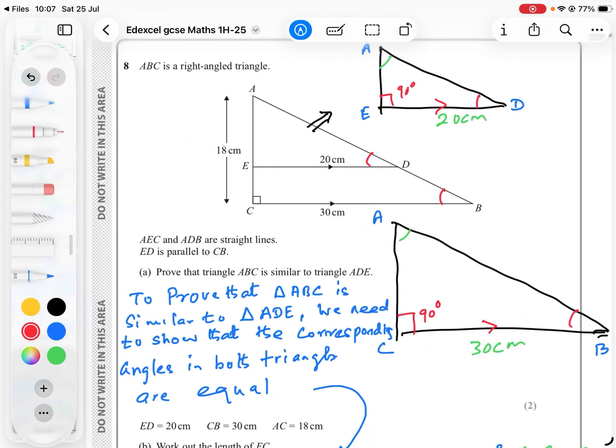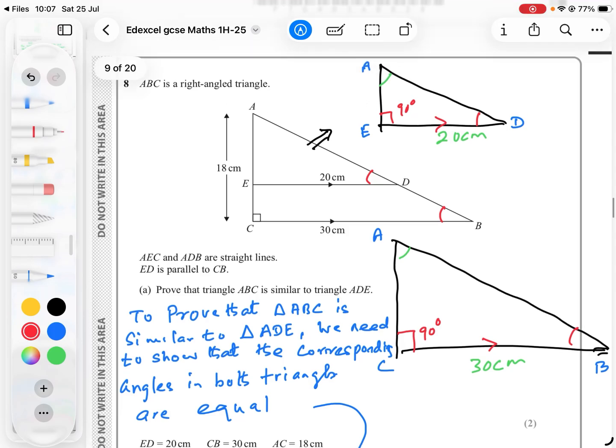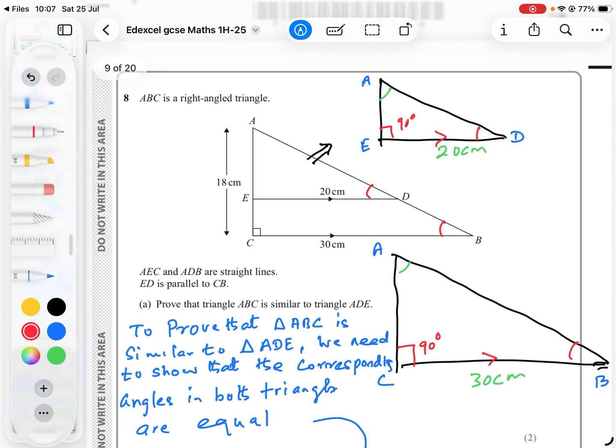Hi, I'm going to walk through question 8. ABC is a right angle triangle. You can see clearly. Now, AEC and ADB are straight lines.